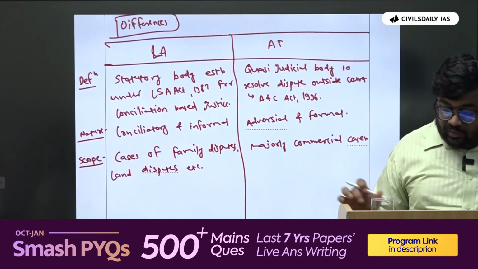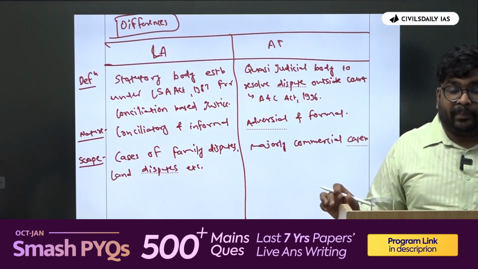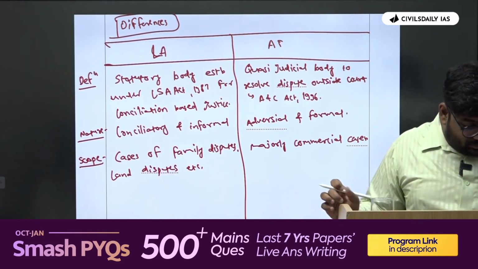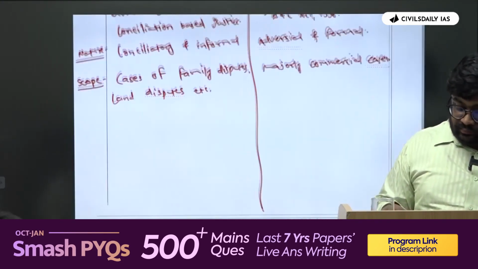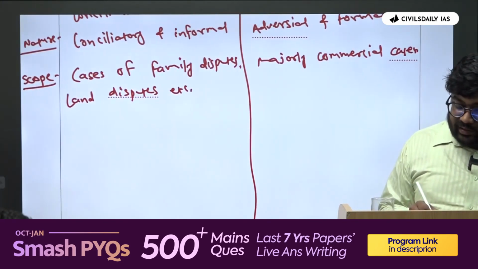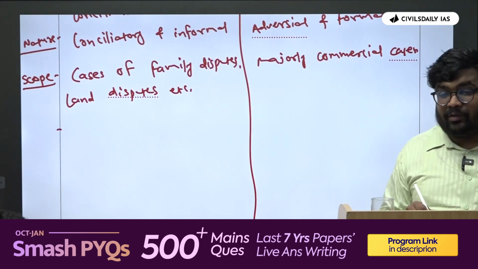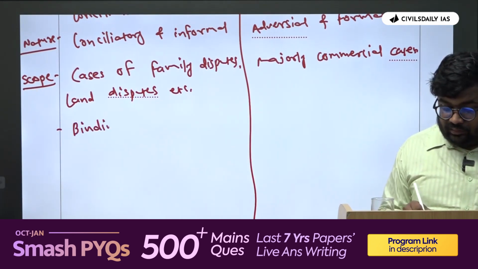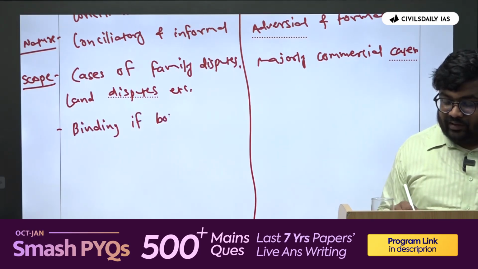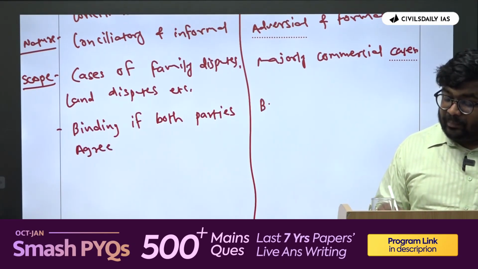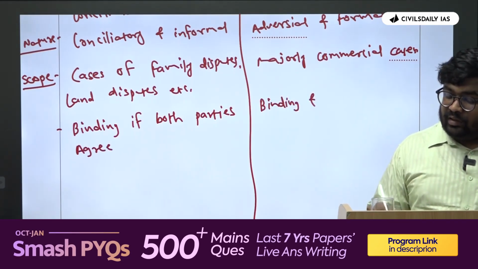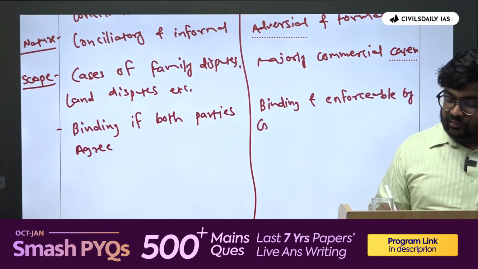What was the next? Nature, scope. What else can you write in the scope? Its decisions are binding if both parties agree. Its decisions are binding and enforceable by courts.